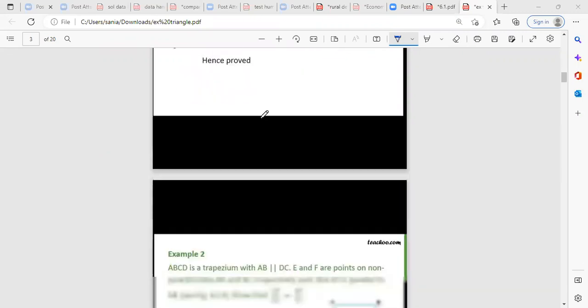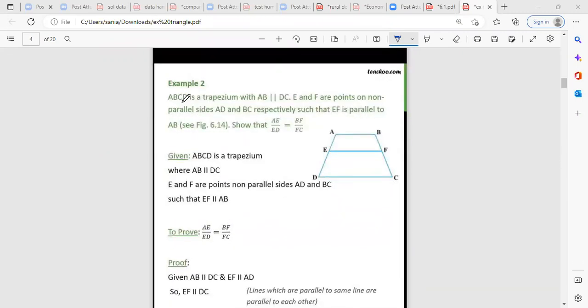Okay, so now we'll do the next example, which is: ABCD is a trapezium with AB parallel to DC, and E and F are points on the non-parallel sides. Basically AB and DC are parallel, but AD and BC are not parallel, right?